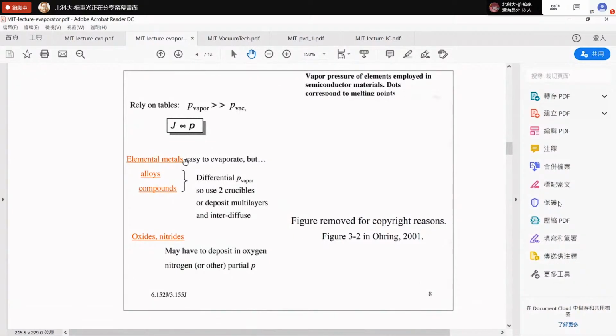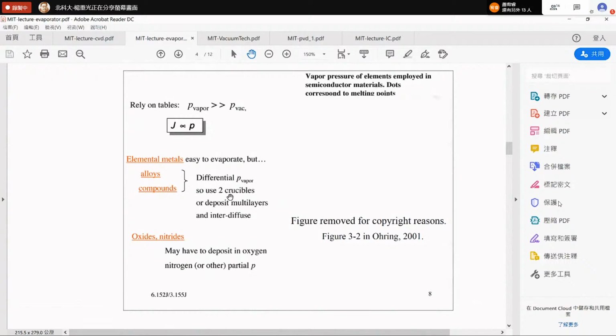So the elemental metals are easy to evaporate, but the alloys and the compounds are difficult. Okay, and very challenging because they have different saturated pressure, right? Because their boiling points are different.